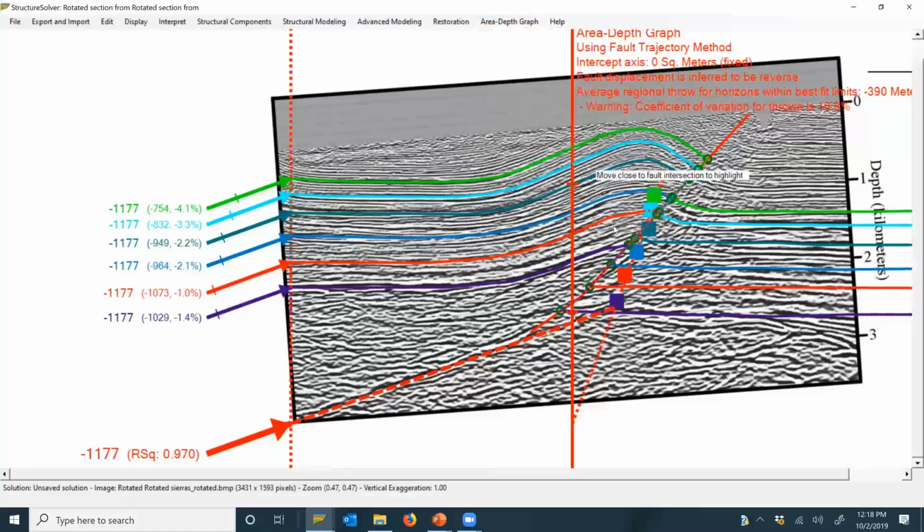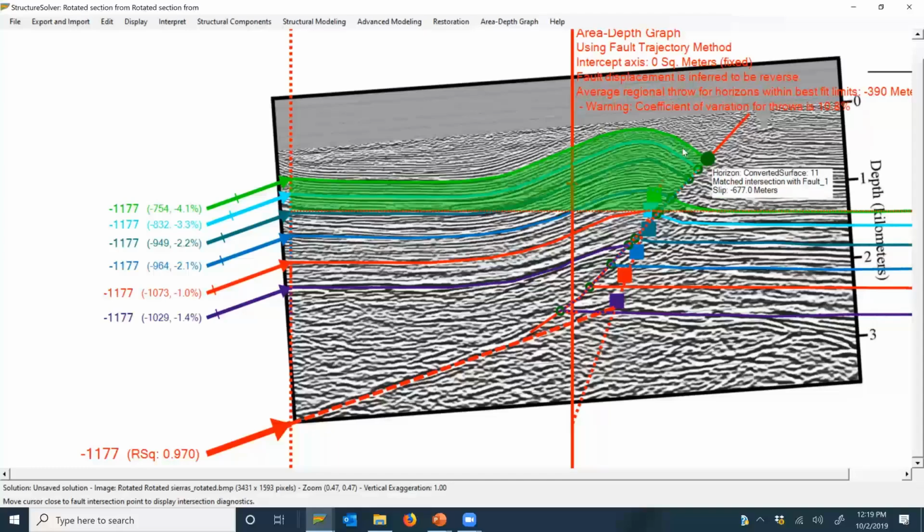So if we look at the intersections of those horizons, there's our intersection for the purple horizon, and the amount of slip on that fault is 1.2 kilometers. So there's a lot of slip on the purple horizon. Whereas if we contrast that to the green horizon at the top with 4% layer parallel shortening, there's only about 700 meters of slip on it.